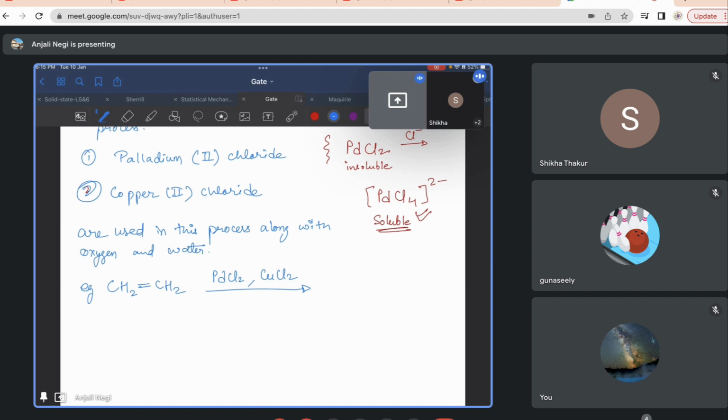That complex, PdCl4 2 negative, is what participates in the further mechanism. That is the main point to note, because that one is soluble in water, as the reaction is in water itself. So this will do the oxidation of alkene, and we will get an aldehyde.